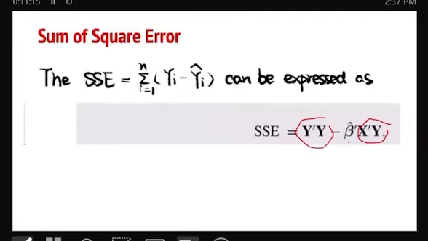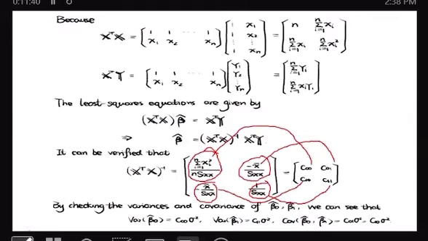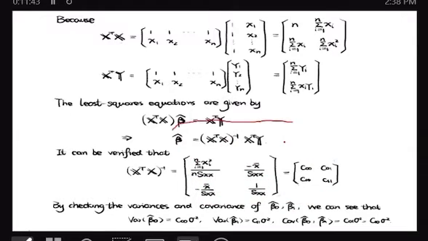But this guy, beta transpose, don't forget the one you got the other time was going to be beta naught cap and beta 1 cap, right? The one you actually got through this. The one you got here. You see that? That guy is going to be 2 by 1. Going to give you the beta naught cap and the beta 1 cap, which means the moment that guy is wrong, your sum of square error will be wrong.